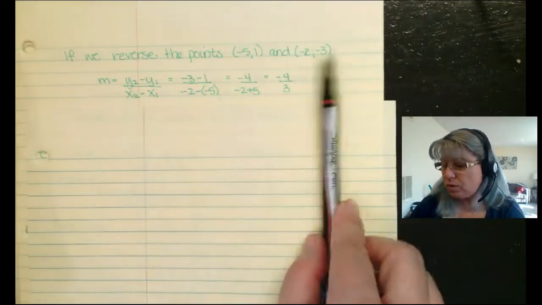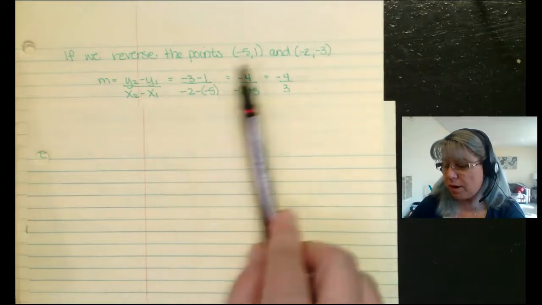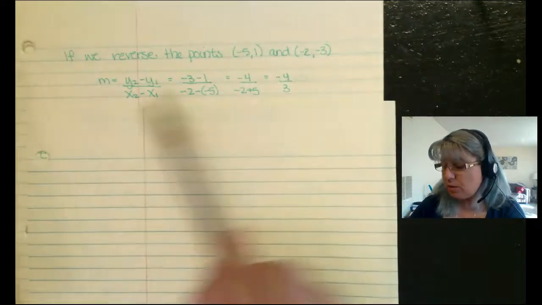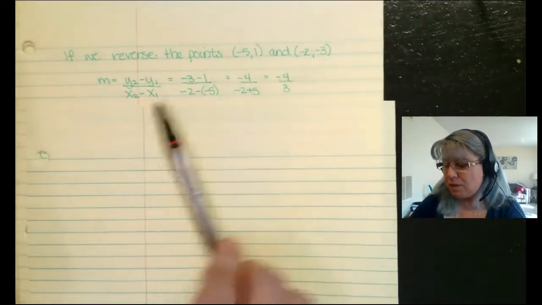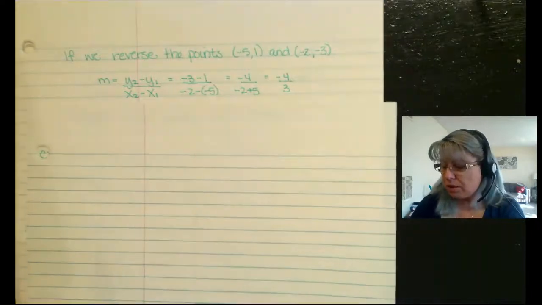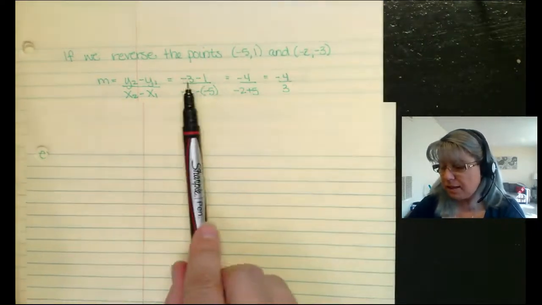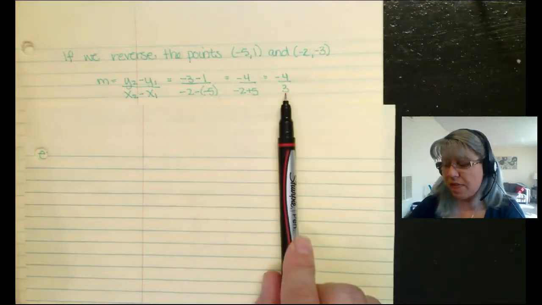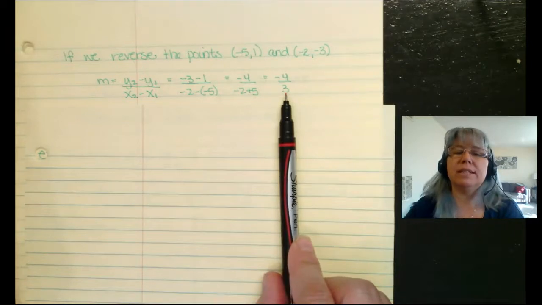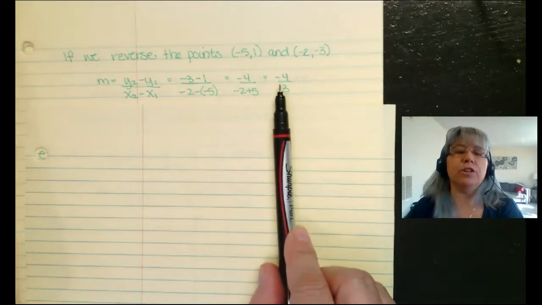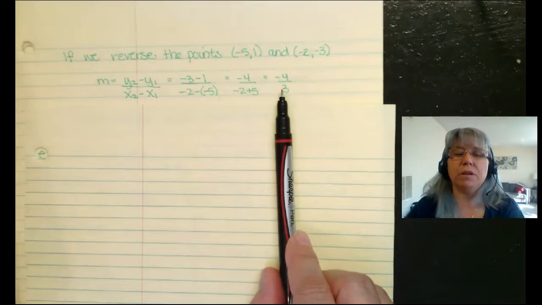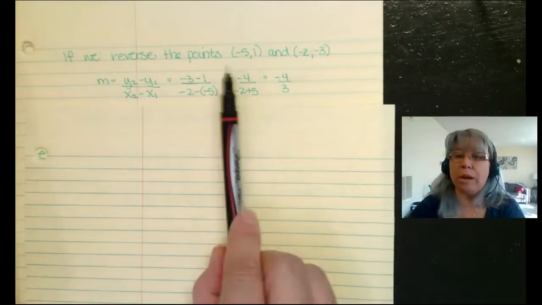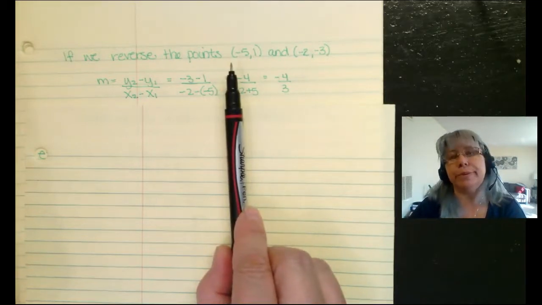This time my y2 is -3, my y1 is 1, my x2 is -2, and my x1 is -5. So plugging it in, -3 minus 1 is -4, and -2 minus a -5 is going to be a 3. So the only difference is immediately my negative landed in the numerator instead of the denominator. But ultimately it doesn't matter. The slope is exactly the same whether I have point 1 be point 1 or point 1 be point 2.